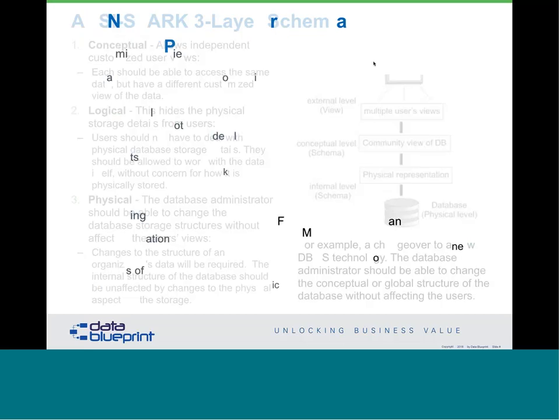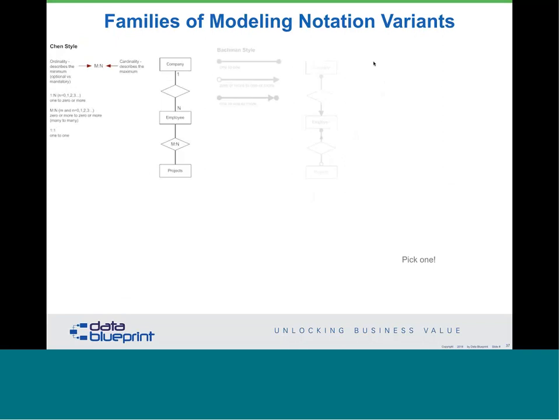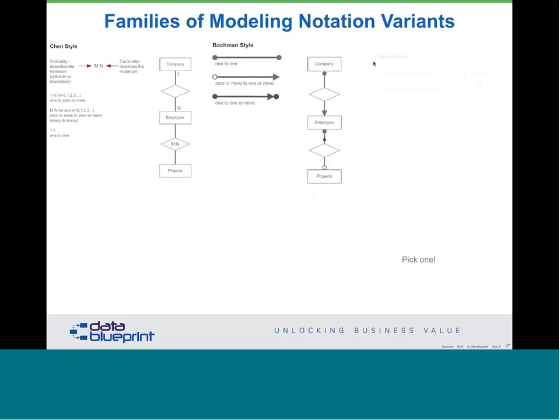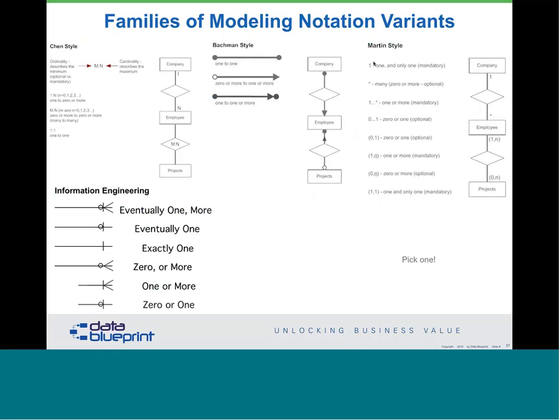These various notations in data modeling are challenging for us because we have at least 4 variants that we use. There's a Chen style, a Bachman style, a Martin style, and the one we use, which is called information engineering. Each of these are showing the basic same type of relationships that we're talking about from this perspective.